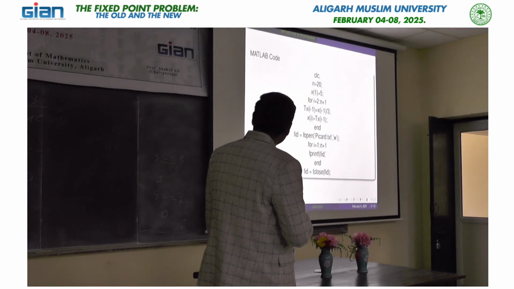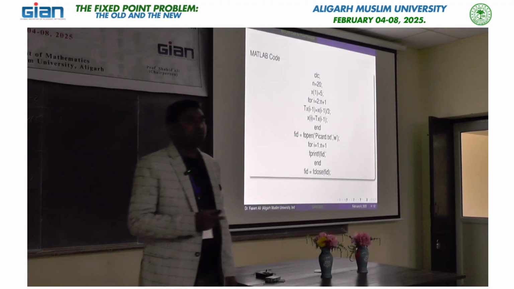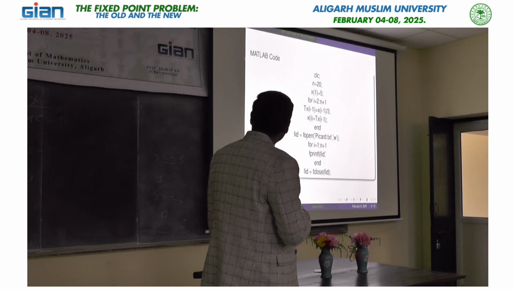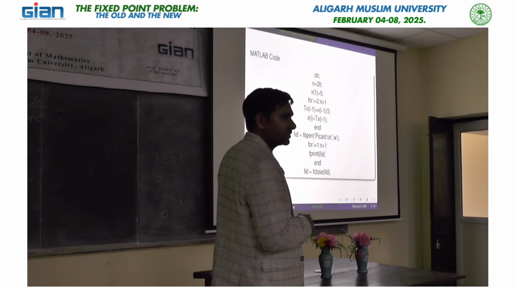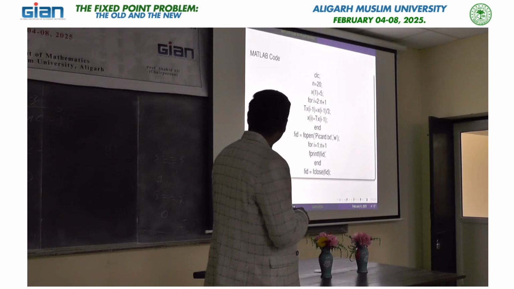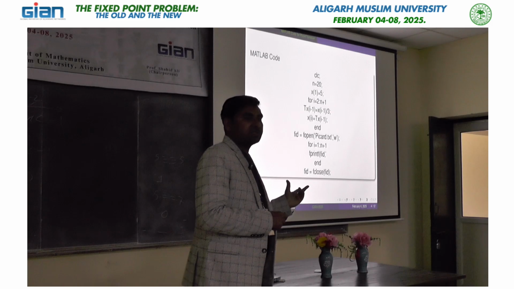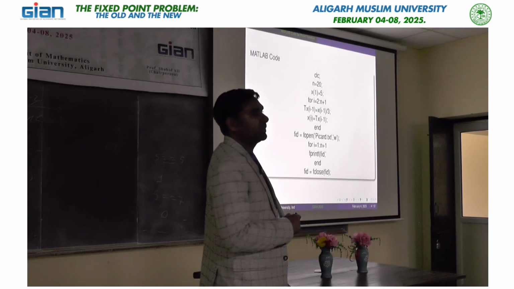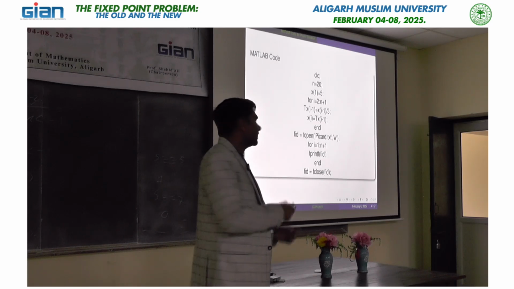First, this is the MATLAB code for the Picard iterative algorithm. All basic things were already discussed by Dr. Asif sir. Here clc means clear the command window. Here we take n equal to 20, the number of iterations, and x1 equal to 5 as the initial approximation.